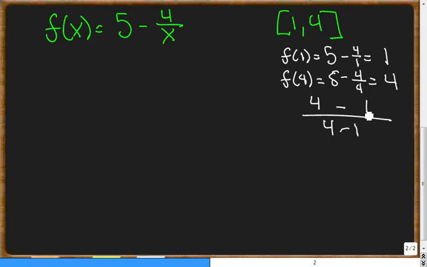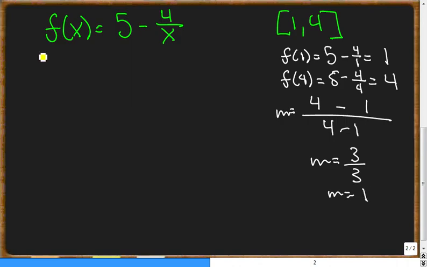So the actual average slope of this is 3 over 3, or m just equals 1. So what this says is that at some point between 1 and 4 on this function, the slope has to be 1. And on this interval here, we are continuous and differentiable, which is something you want to check for, but normally that will not come up, that it wouldn't be differentiable in an area.